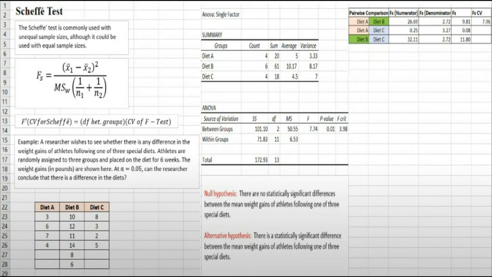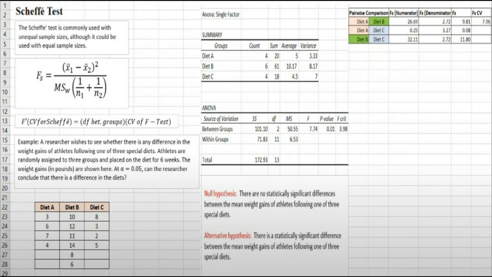Then the last one is 6.53 times 1 over the count for diet B, which is 6, plus 1 over 4. So notice that I just typed the specific values here instead of choosing the cells. Anyway, we'll have the same result, and since we have the numerator and denominator, all we need to do is divide the numerator, which is this one, by the denominator, which is this part.